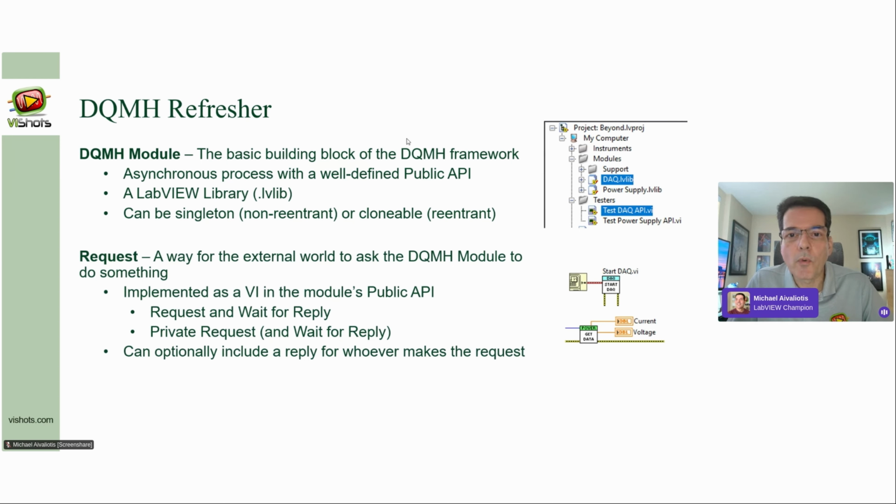Now, when we make a request to a module, under the hood, we're basically firing user events. The most important thing to know is that there's two types of requests. There's the requests where you just tell it to do something, and then there's the request where they return data. Request and wait for reply is what we call them in the DQMH world.